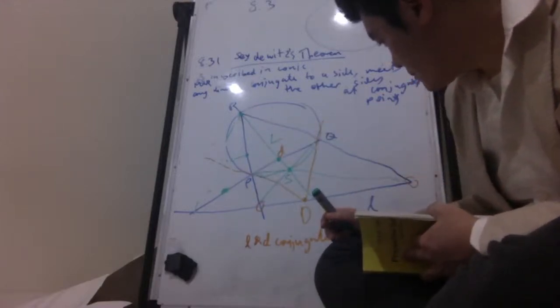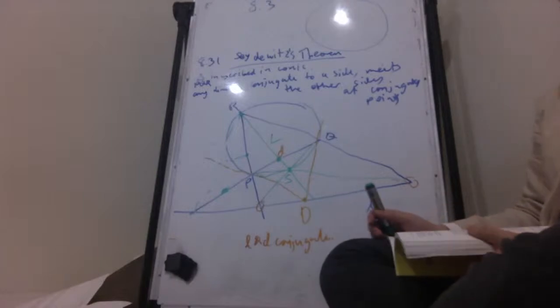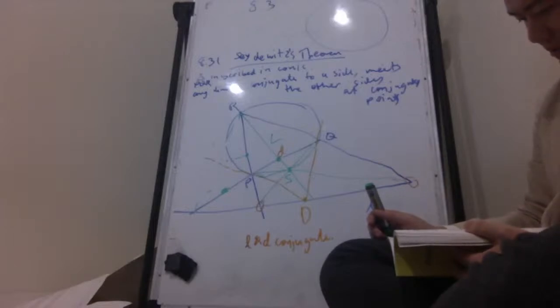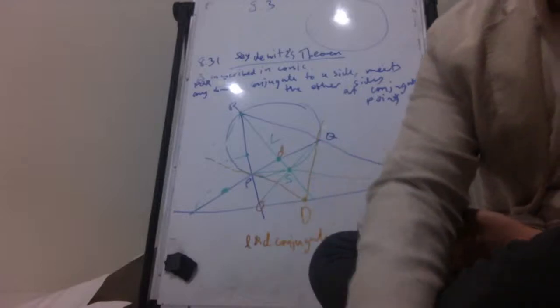Okay, so that's sorted. 8.31. Now it says, now we are ready for one of the most significant properties of a conic. So that's what we're up to right now.